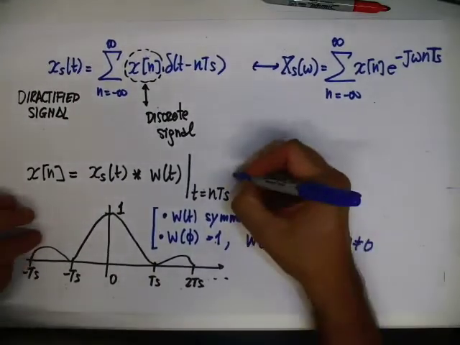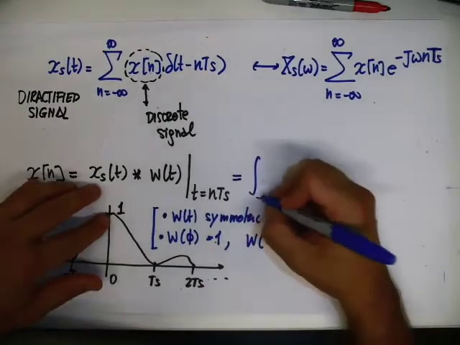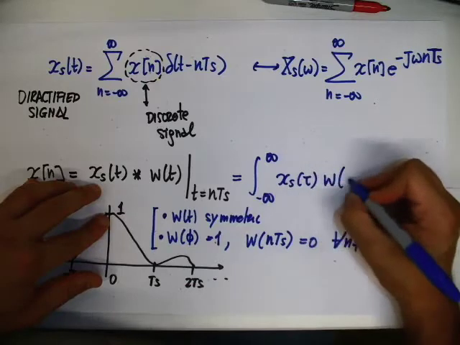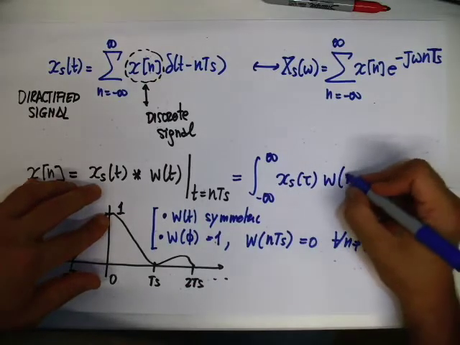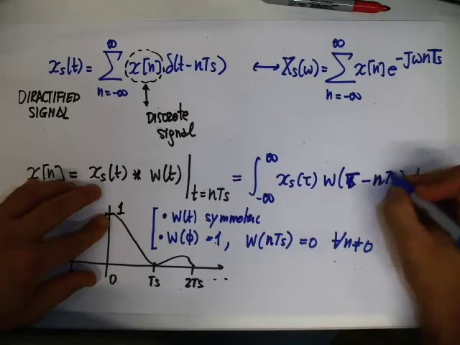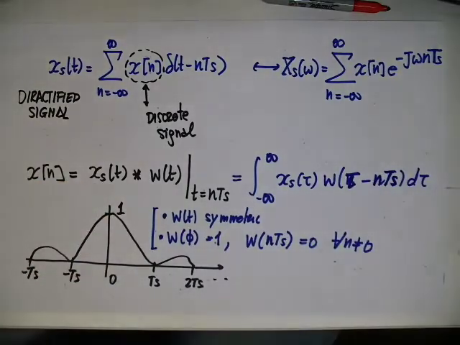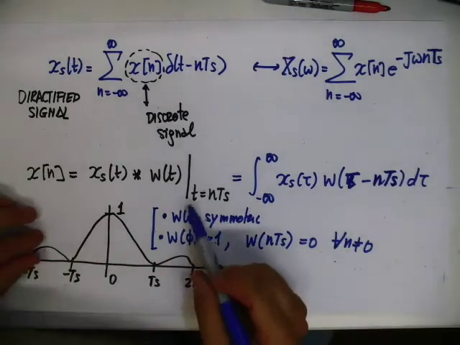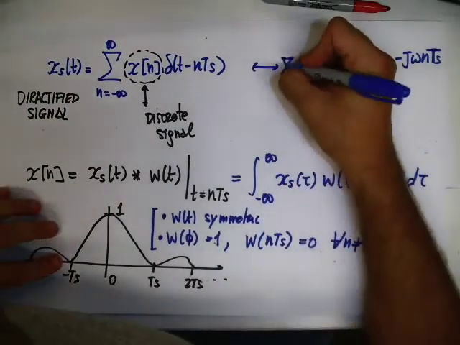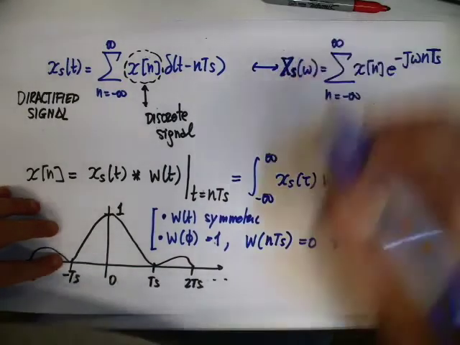Once you have these properties, you can rewrite this convolution as the integral between minus infinity and infinity of x_s of tau, w of t minus n Ts, d tau, for example. And of course, as I showed you, there are infinite ways to choose this window. In particular, now we pick two choices.